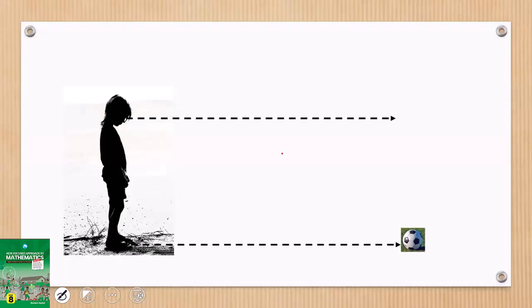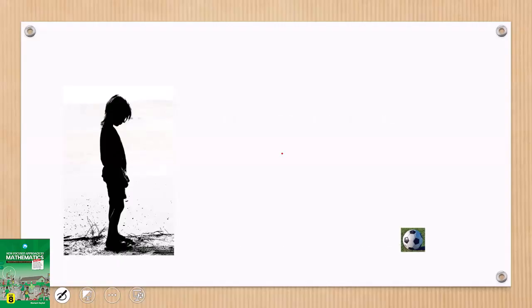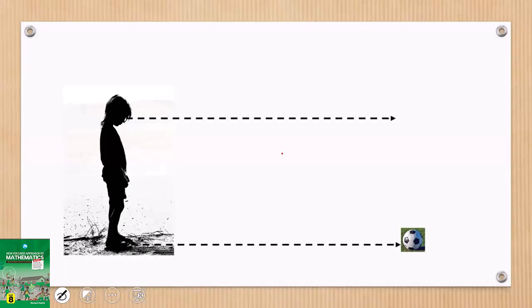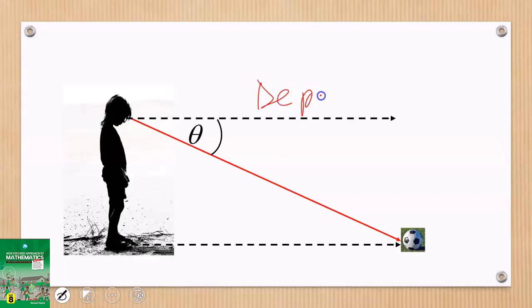If the boy's head is straight, his sight will be horizontal. Now, because the boy wants to look at the ball down there, he has to bring the head down, creating an angle between his normal sight and the depressed eye. The angle created here is what we refer to as angle of depression.